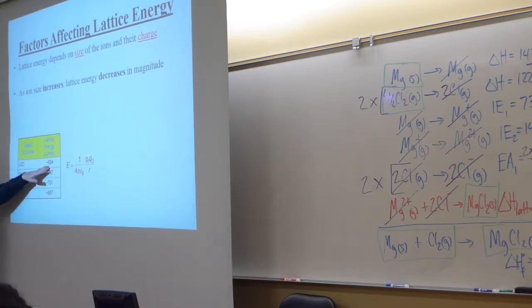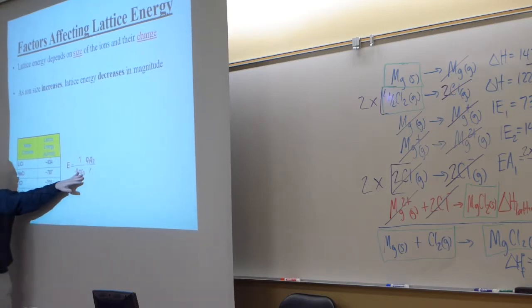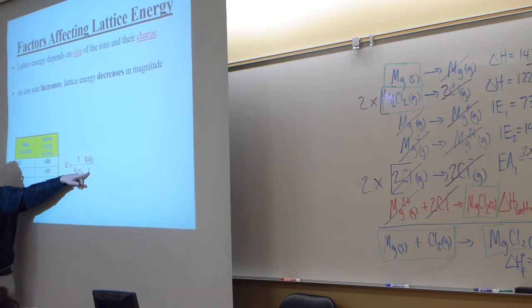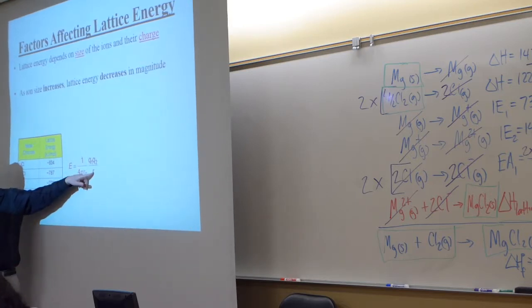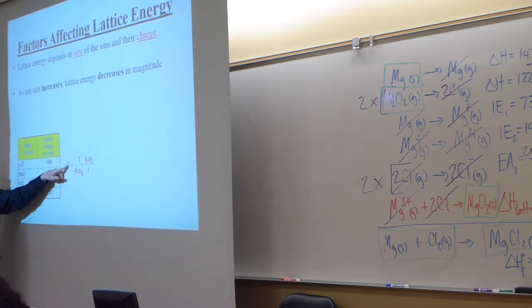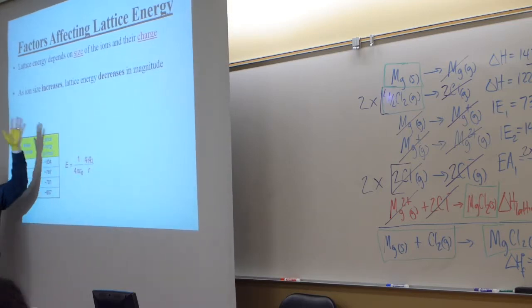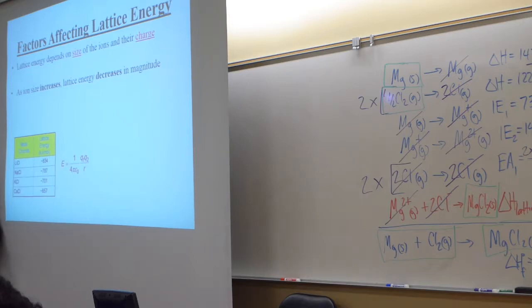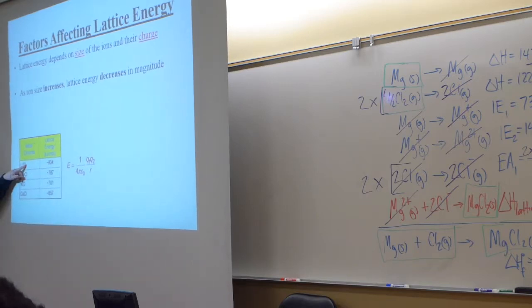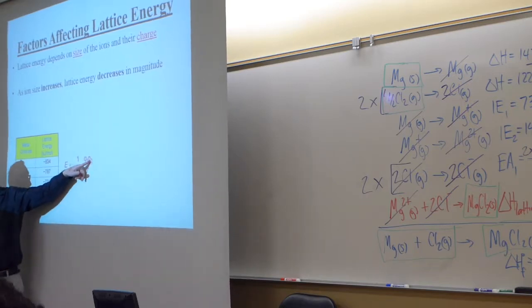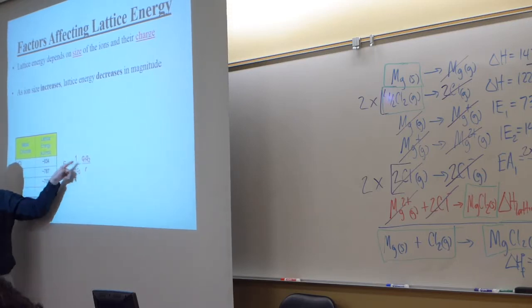So why is it more exothermic here? It goes back to this whole deal. If the R between the nuclei of the atoms is smaller, then E becomes a greater negative number. So Li plus, Cl minus, plus minus, this whole thing is going to give me a negative result.